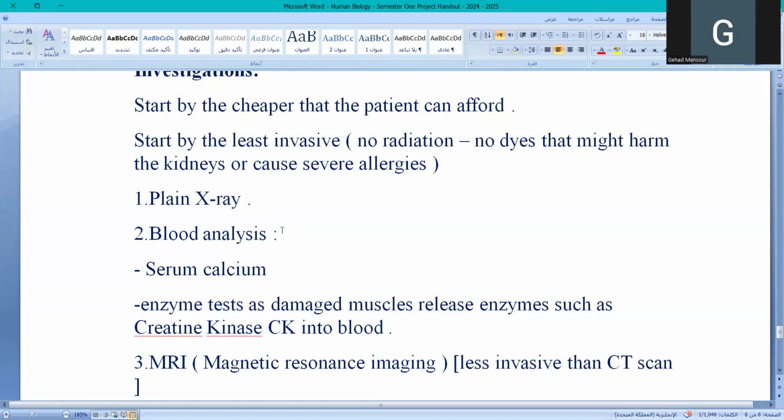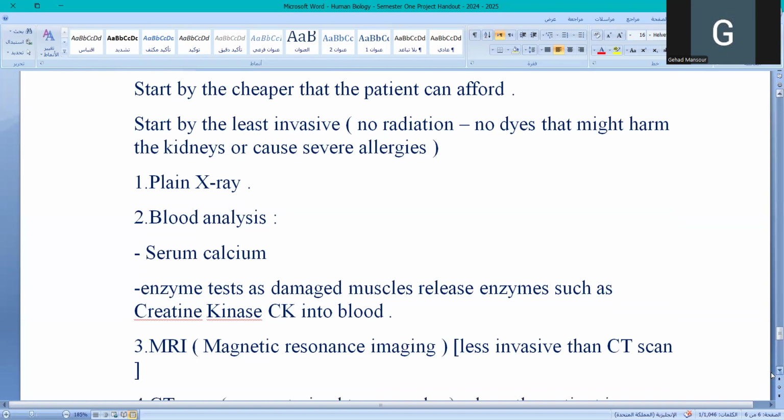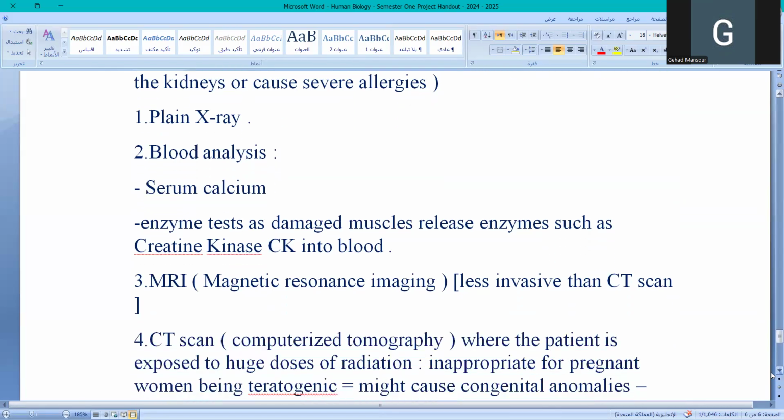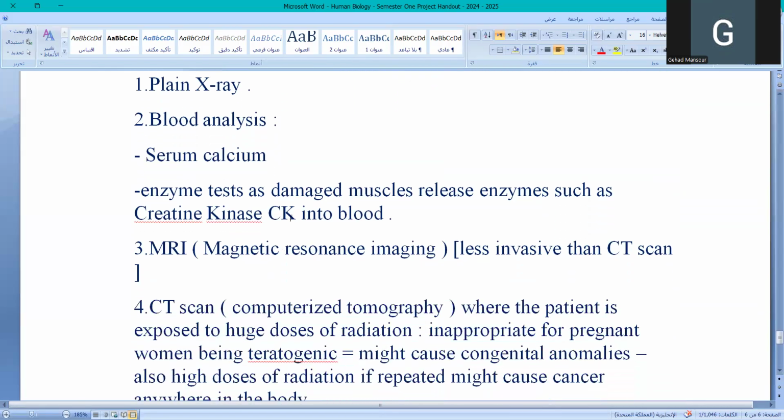You can ask for a blood analysis if you're suspicious of an associated anemia, the level of calcium, because if the patient has muscle weakness, or tetany, on the other hand, you have to assess the level of calcium. And you might also ask for certain enzymes like creatine kinase, because creatine kinase is an enzyme that is released from the muscle when the muscle is damaged.